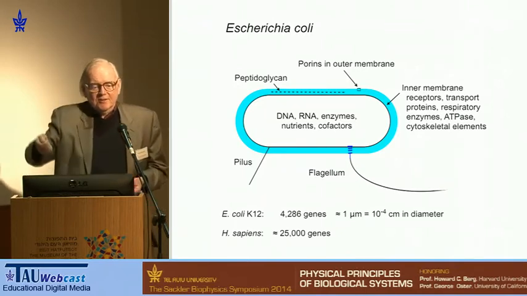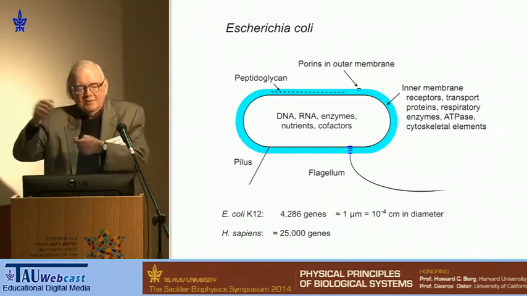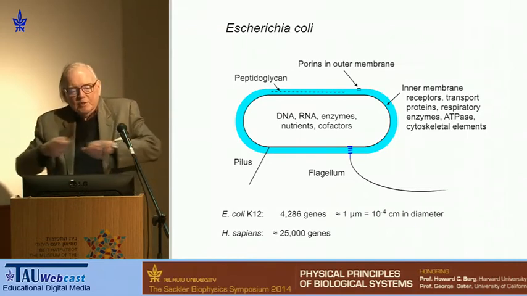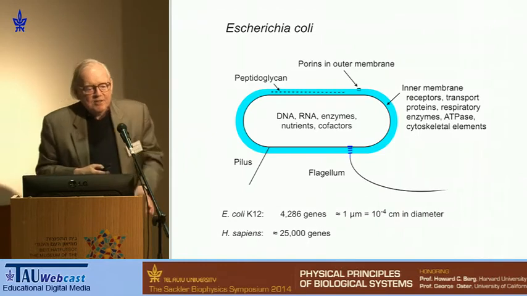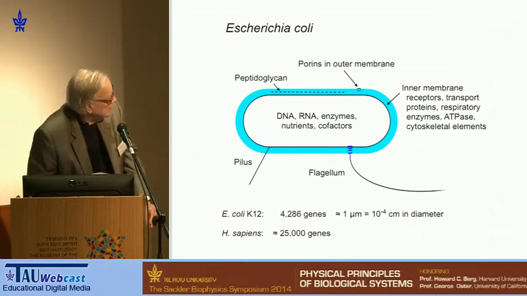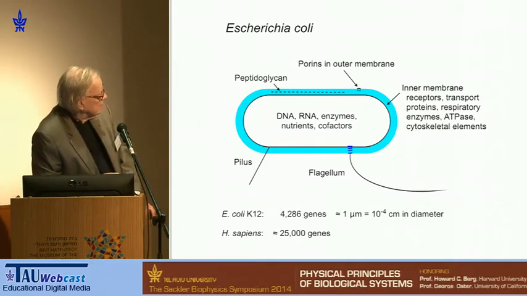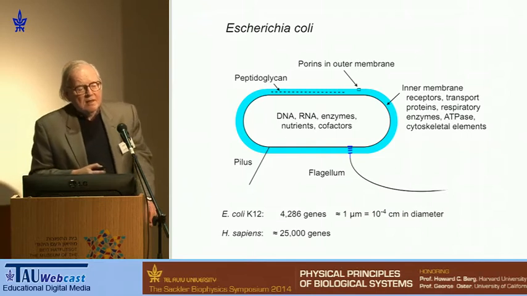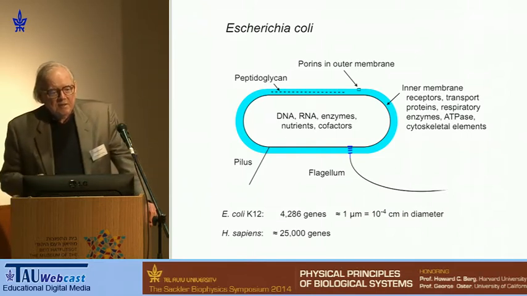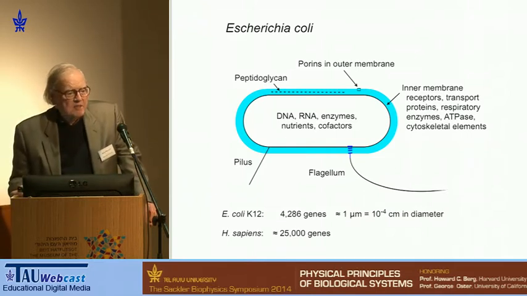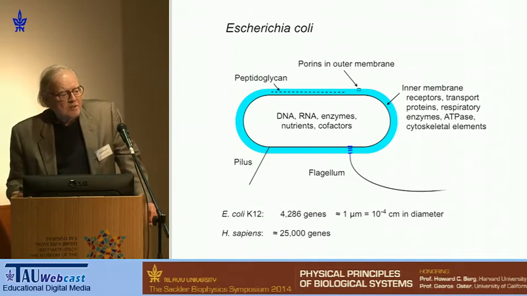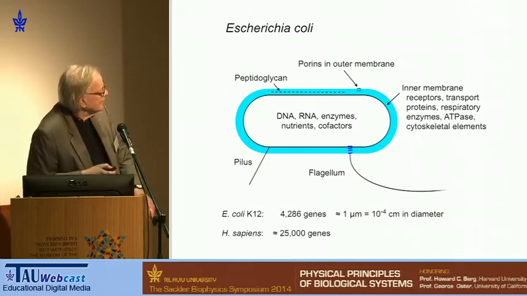You send out the line, and then you hook something and you reel it in, and that pulls you forward. It's called twitching motility. But E. coli doesn't have that. Now, E. coli has a little over 4,000 genes, and we have only about 6 times as many. So from a genetic point of view, E. coli is a lot more sophisticated than you might like to believe. Or we're dumber than we would like to believe, one or the other.